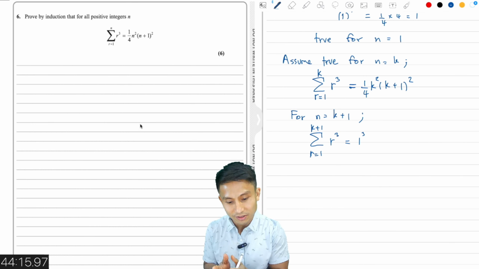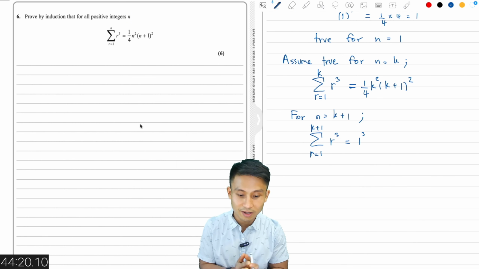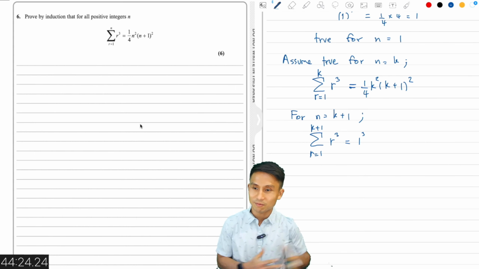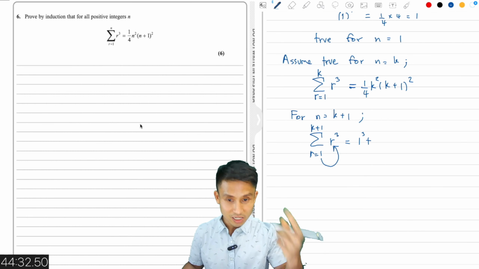I'm just going to consider the left hand side separately for n equals k plus 1. Now you need to know that the summation on the left side is just from 1 to k plus 1, so you are substituting from 1 here, r being 1, and it's going to be cubed.